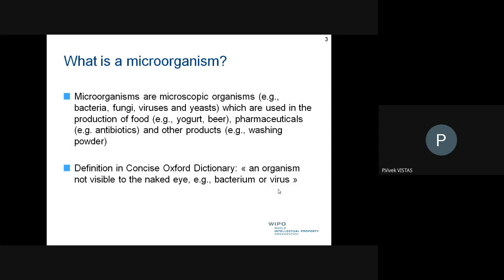In each and every aspect, these microorganisms play a vital role, so it is important to store them properly. According to the Concise Oxford Dictionary, it is an organism which is not visible to the naked eye, either a bacterium or a virus. Microorganisms play a vital role in production industries, so we have to store them properly. So they have formed an organization internationally for storing microorganisms.